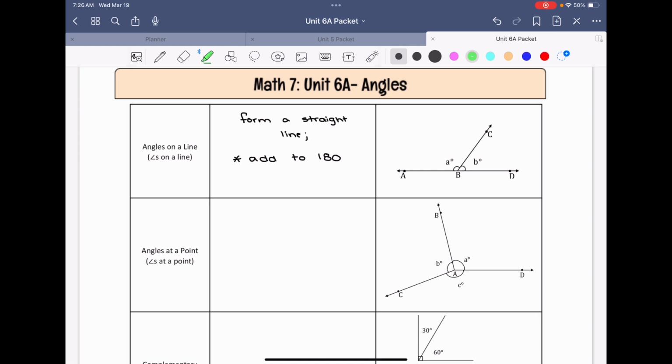So if we have our highlighter, here's the straight line that's being formed. So angle a plus angle b equals 180. And notice that I put a lowercase a and a lowercase b. That is different than uppercase because uppercase A and uppercase B are at different spots. So you have to be careful whether or not you are writing uppercase or lowercase letters with this unit. And truthfully, throughout all of math as you go.